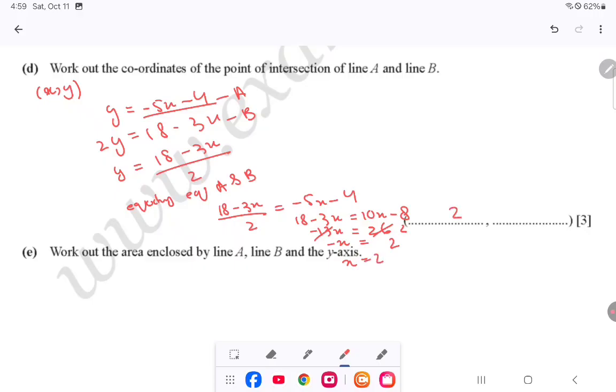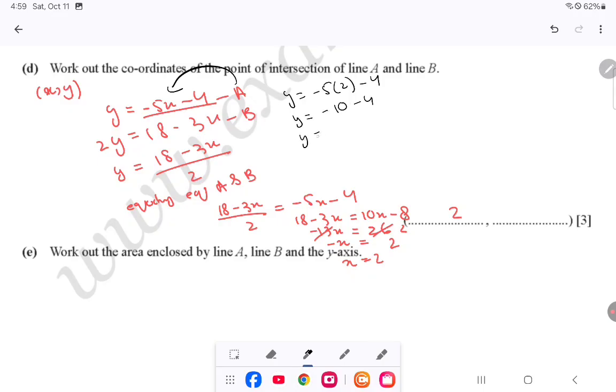So x is 2. For y, put the x value in either of the line equations, A or B. If we put the value of x, 2, in the first equation A, it will become y is equal to negative 5 into 2, negative 10 minus 4.